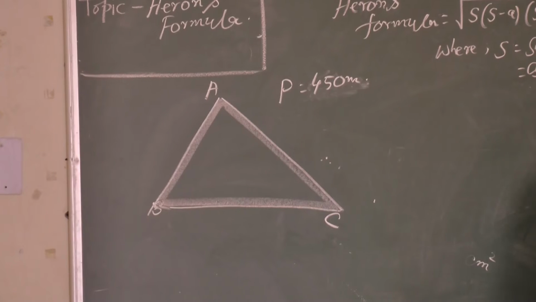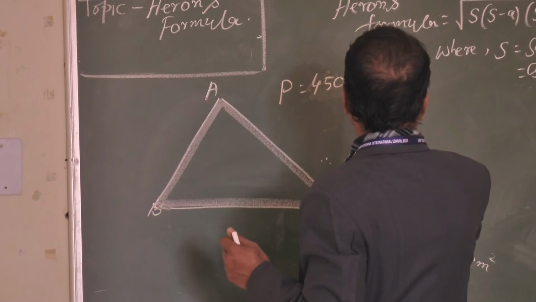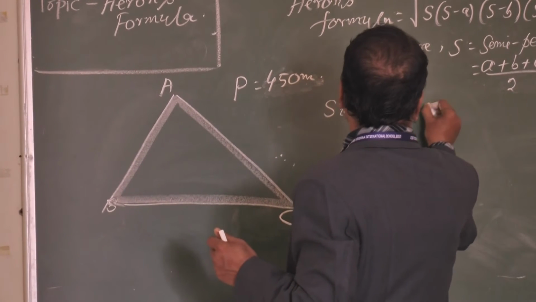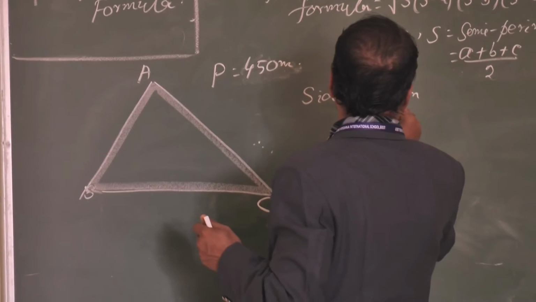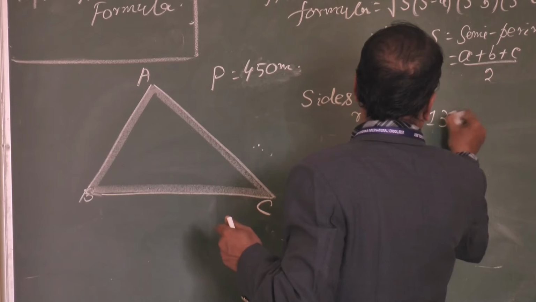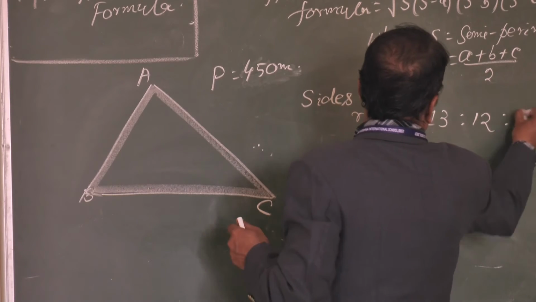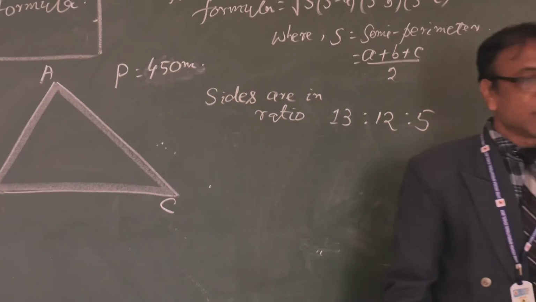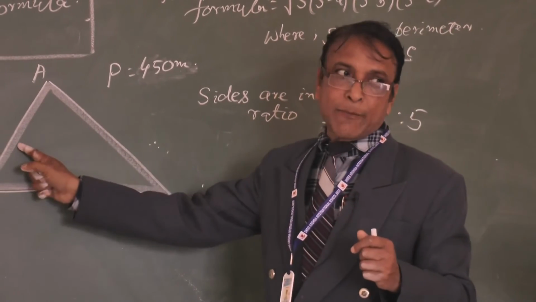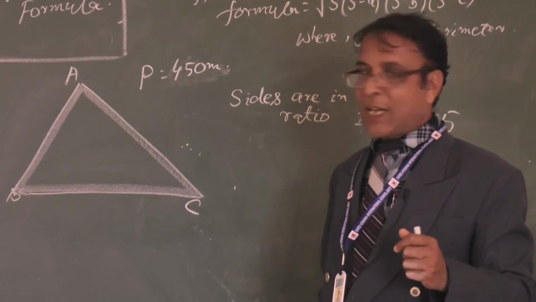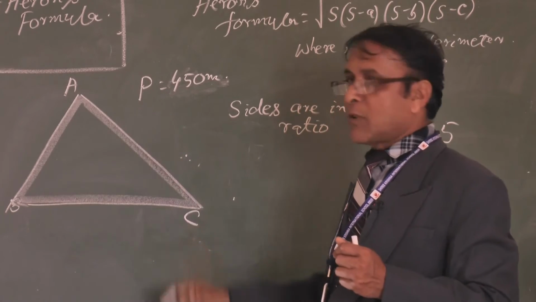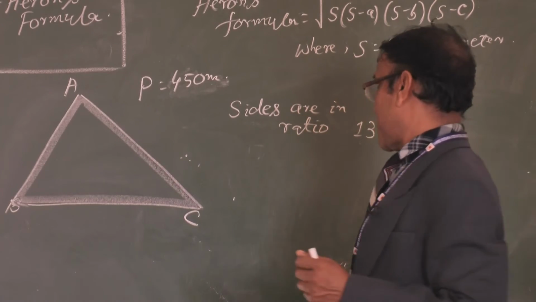The sides are in the ratio 13:12:5. What does this ratio 13:12:5 mean? It means one side will be 13 parts, another 12 parts, and the other 5 parts.